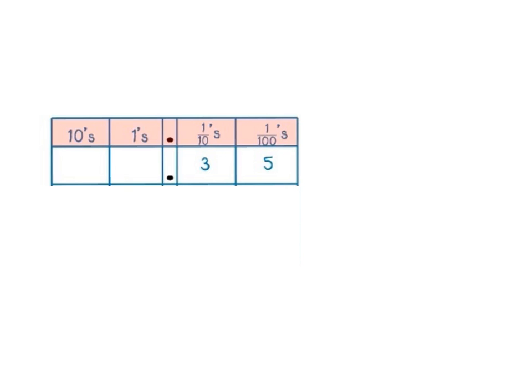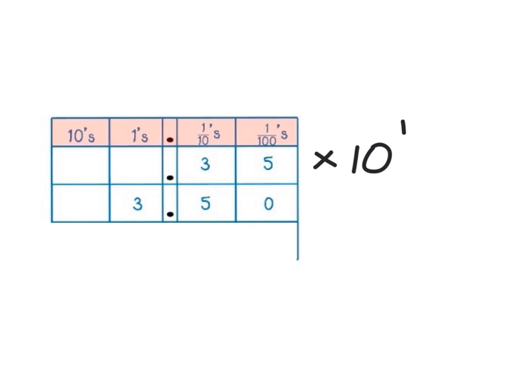If I was to multiply 35 hundredths times 10, we'll say it's 10 to the first power, what that would do to the number is it would take the numbers and it would shift the numbers.